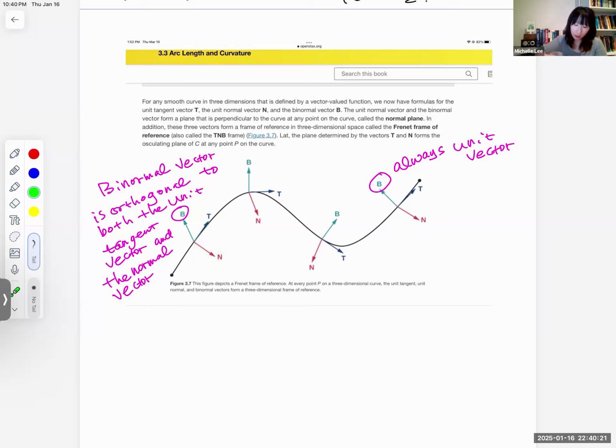Then we have the binormal vector here. This vector is orthogonal to the unit tangent vector, and also the normal vector. And the binormal vector is always a unit vector, meaning it has magnitude equal to 1, same direction as the vector, right?